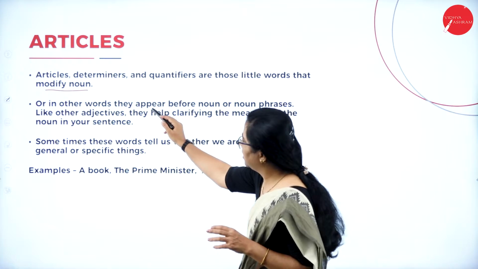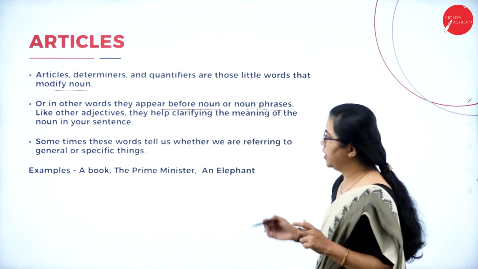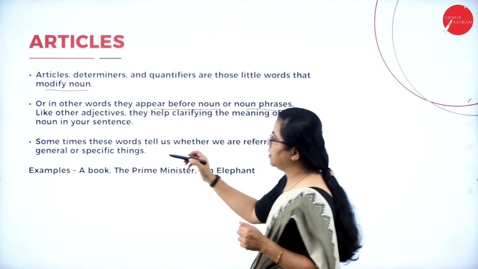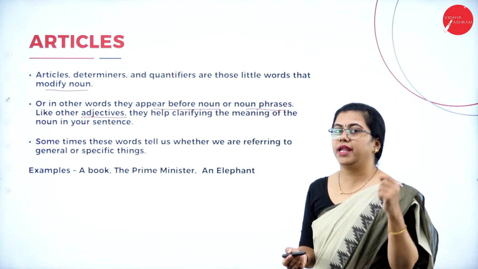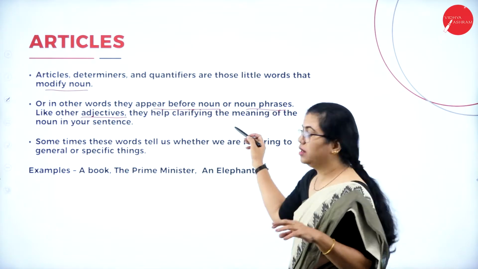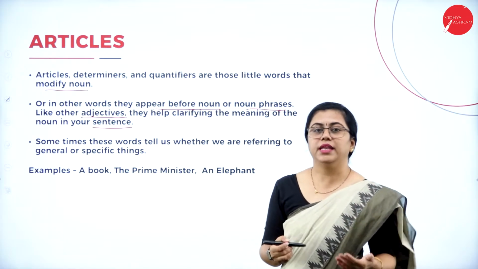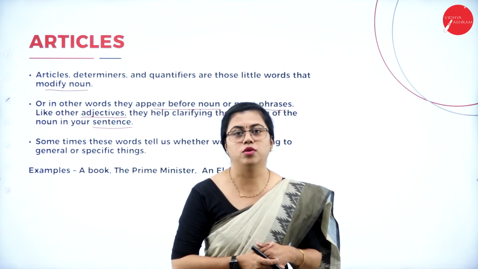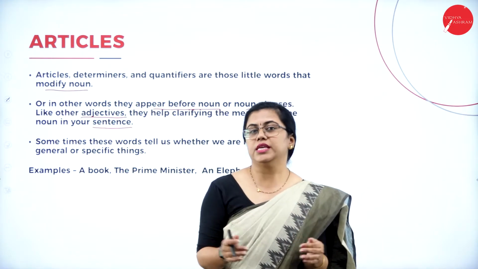As I said, the role of a determiner is to appear before a noun or a noun phrase. It can appear like other adjectives also, and they help us get more clarity about the meaning of the sentence. They give us more explanation about the noun in that sentence.